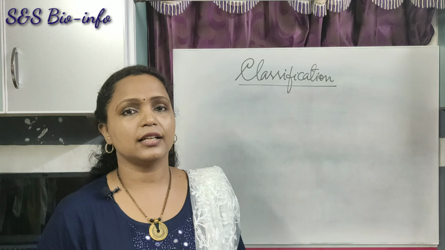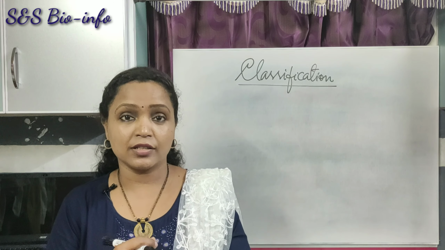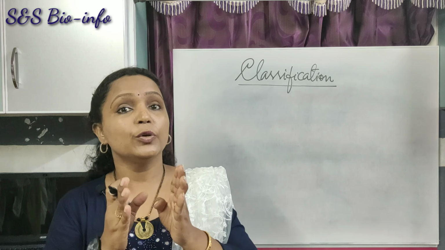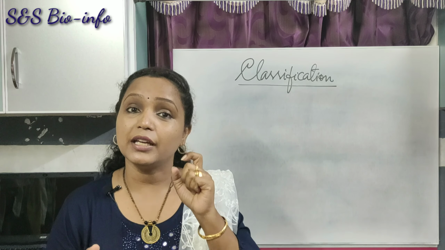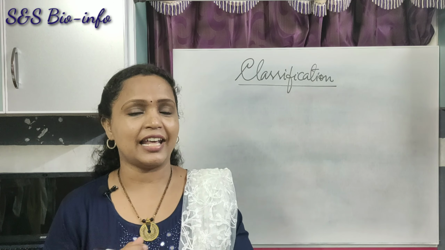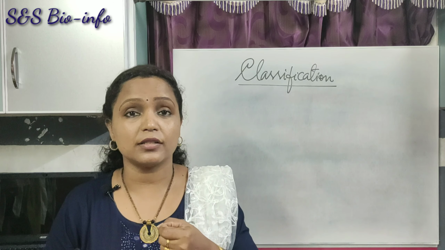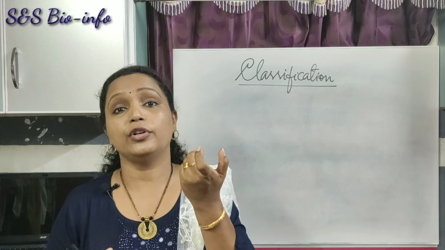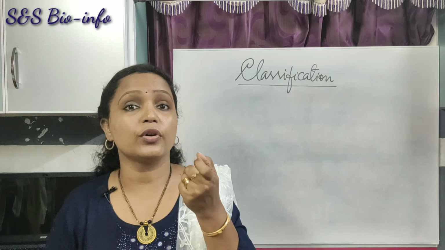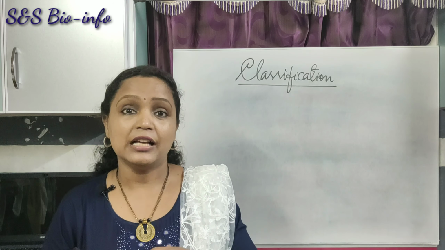When we consider living things, classification is a process by which organisms are grouped into convenient categories based on some easily observable characteristics. Just before, I showed you a group of pens. We can group them according to the size, shape, color or utility, based on easily observable features.